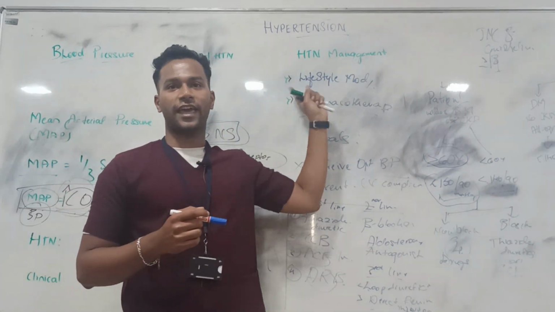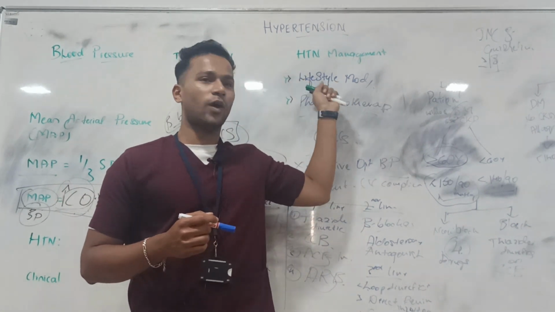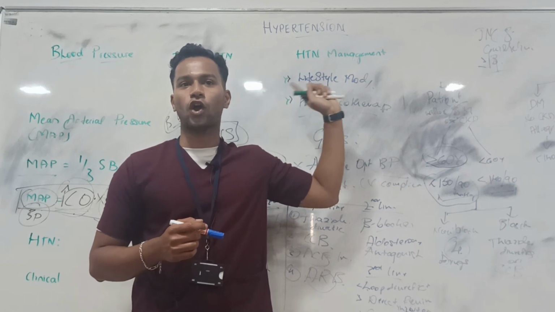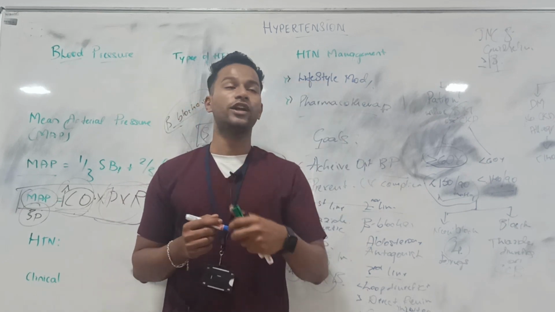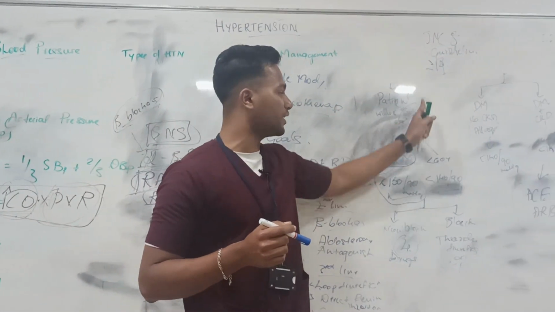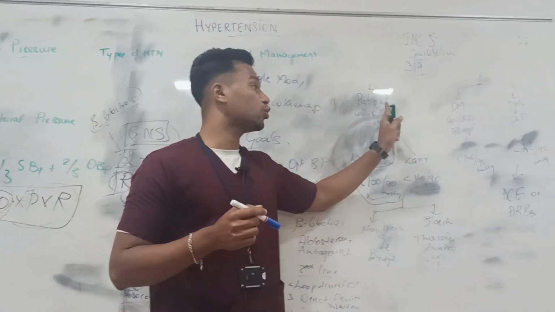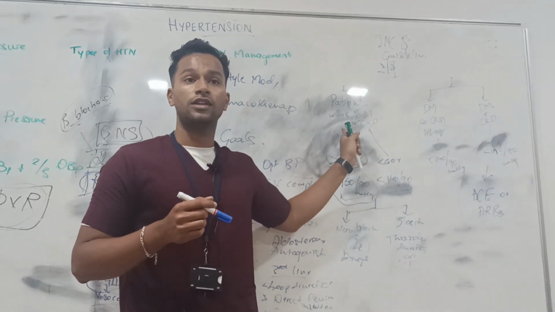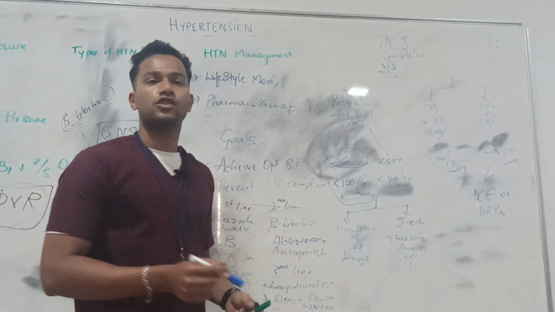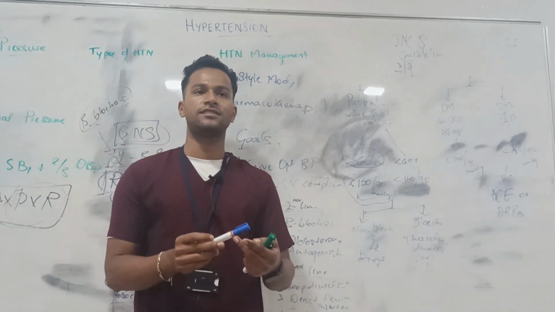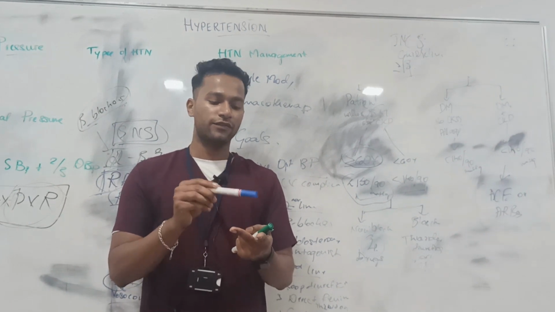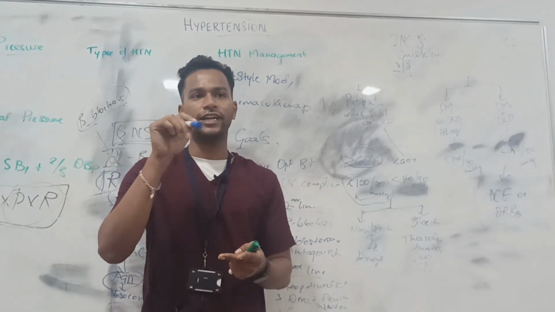Another thing is lifestyle modifications. You have heard of the DASH diet, right? Dietary Approach to Stop Hypertension. That is one important thing in hypertension management. Along with the drugs which we use, the patient has to change his lifestyle and diet. Briefly, in the DASH diet there should be increased fruits and vegetables, around 8 to 10 servings per day.